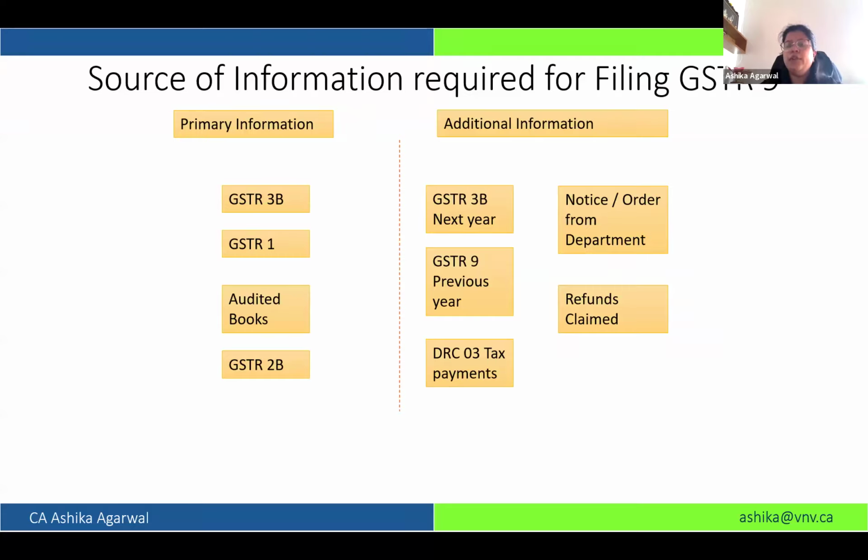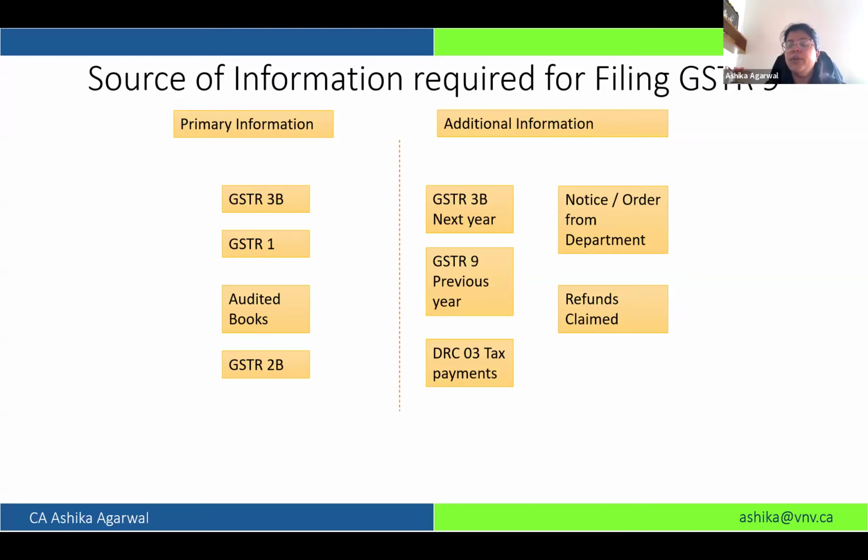Another part is notice or order from the department, or refund claim. These are only for reporting purposes and will not impact your reconciliation. There is a separate table to report any demand made by the officer, meaning adjudication orders. Show cause notice reporting is not there; only when it is converted into an order does reporting come.